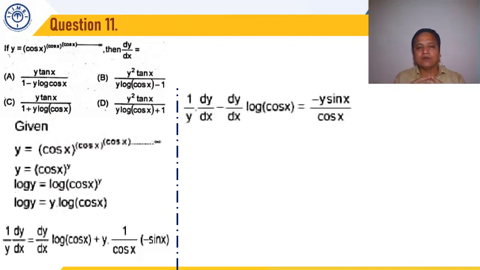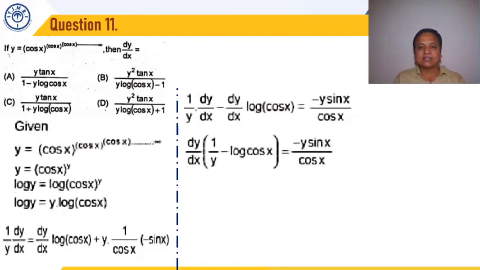Now 1 upon y dy by dx minus dy by dx log cos x. From the right hand side we take it to the left hand side, so the minus sign appears, is equal to minus y sin x upon cos x. Now sin x upon cos x is tan x. So we take dy by dx common, so it becomes 1 upon y minus log cos x is equal to minus y sin x upon cos x.